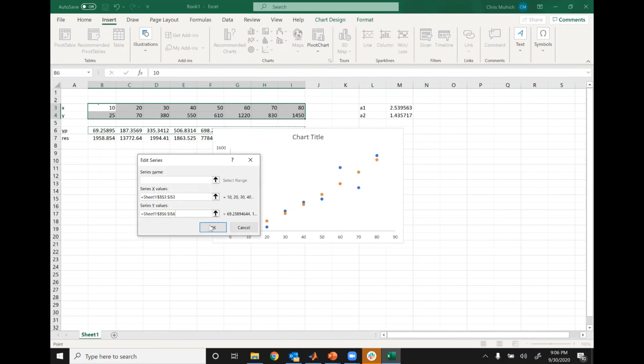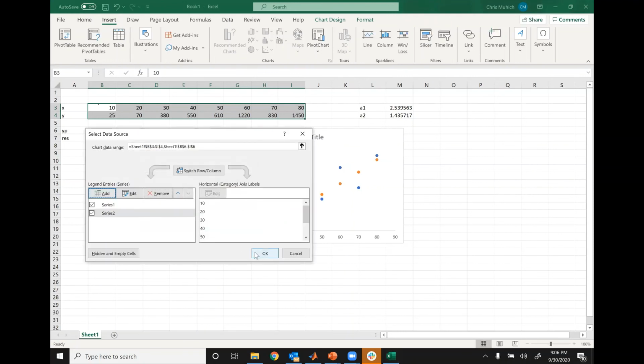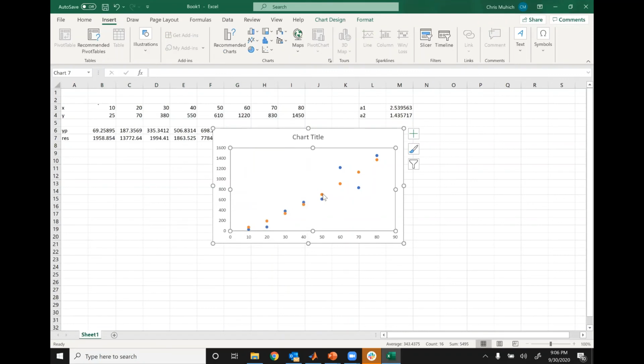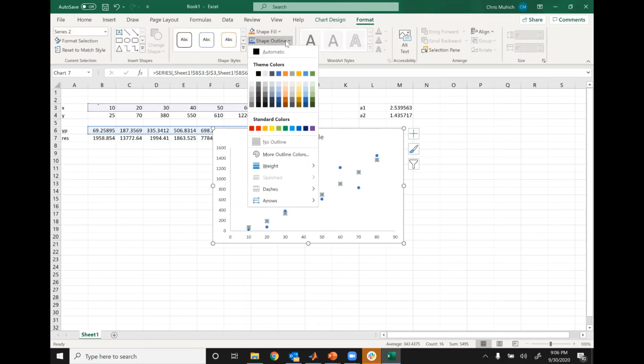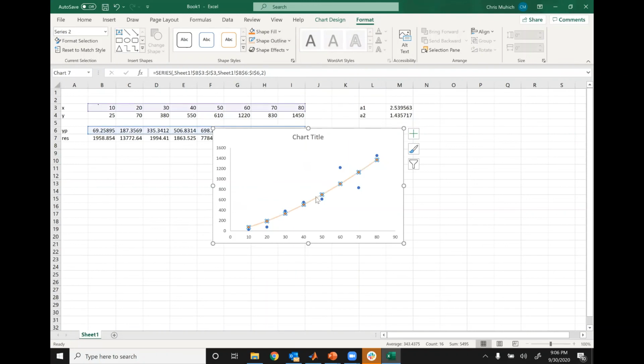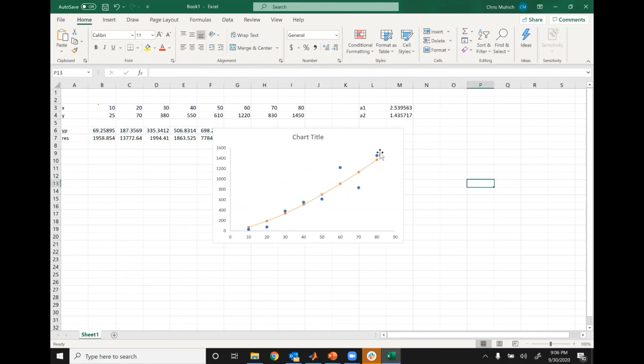I can hit Enter, and that shows up now as yellow dots. Right? If I click OK, I can now go back to my set. I probably want to format this a little bit differently. So I can click on the Format button and add a line to that set. Right? So that then gives me the line that would indicate fit points.